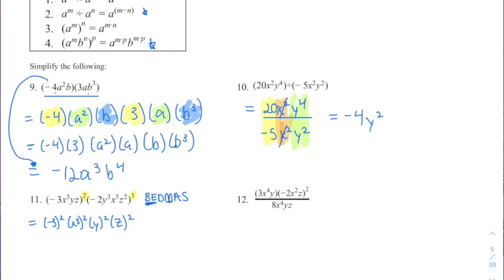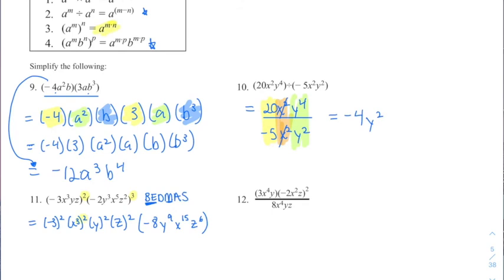Okay, so I'm actually not going to do all this work for the second one. I think we can figure out that it's negative 8 y to the 9 x to the 15 z to the 6. So you don't have to do all this work. But basically for the first step I wanted to show you, and don't forget the last thing we're going to use here is this rule.